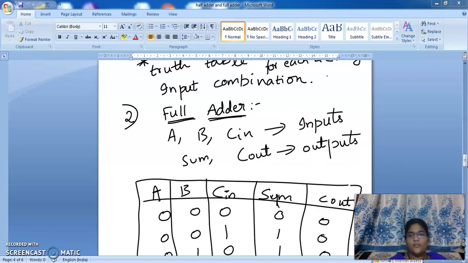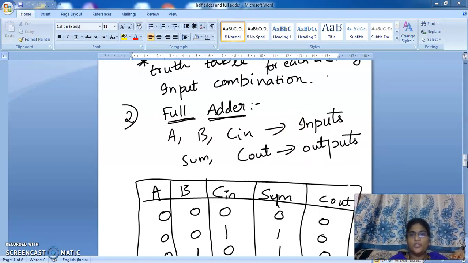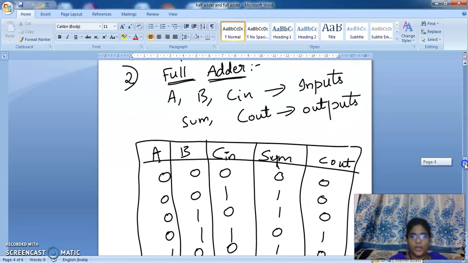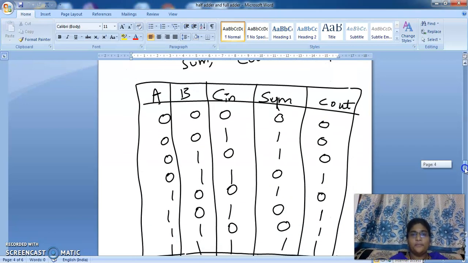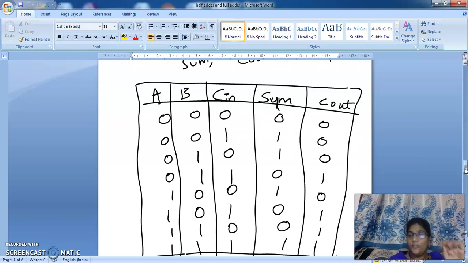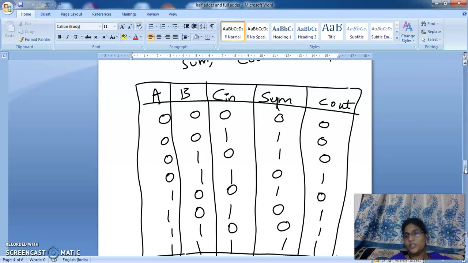So in the full adder we have 3 inputs and 2 outputs. Now see here, if we add 3 inputs, 0 plus 0 plus 0, like that, up to 1 plus 1 plus 1. I think everyone knows this full adder because we have studied it in our class, right?